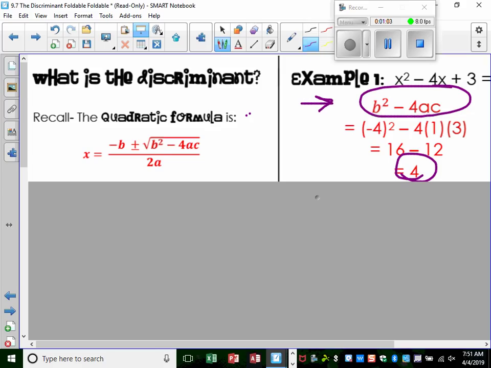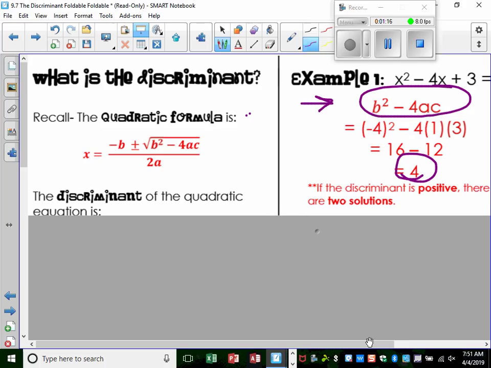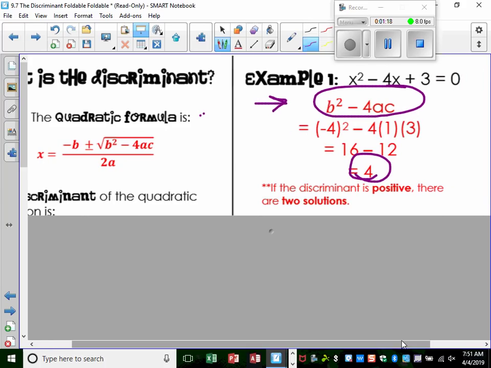So the discriminant will let you know how many solutions you have. So if your discriminant comes out positive, in this case it did, okay, and you need to write that little statement down. If the discriminant is positive, that means you should be looking at the end when you do your quadratic formula, you should have 2 solutions.